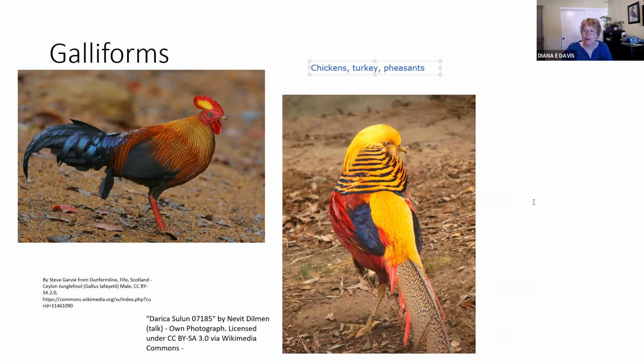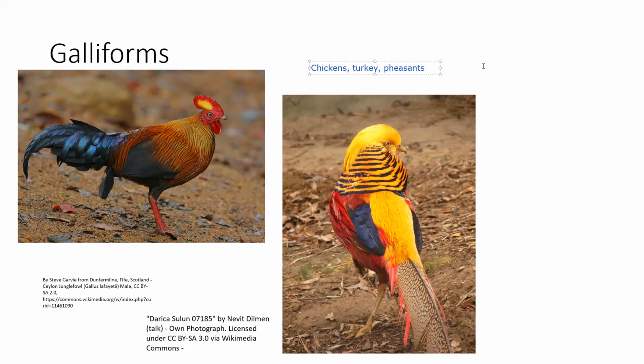Oh, comments in the question. Is there a reason that they can kick really hard? Yeah, it's to defend themselves against predators. They can't fly away, so they have to have a defense. Are they as fast as an ostrich? Ostriches are going to be the fastest of the ratites, probably the fastest bird when it comes to running.